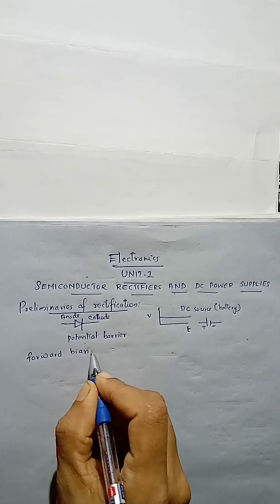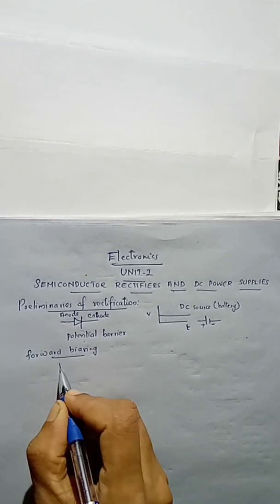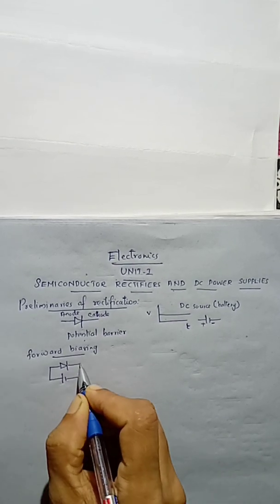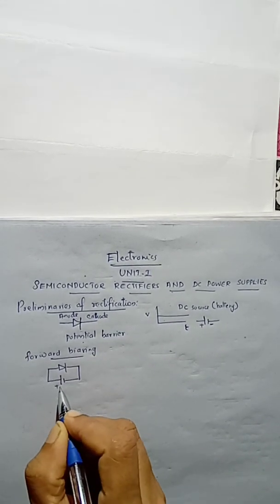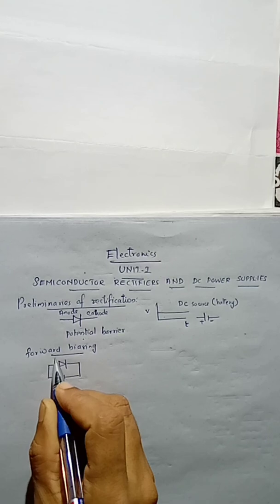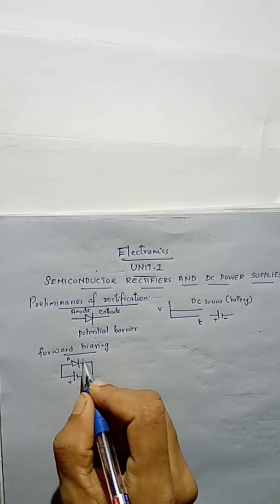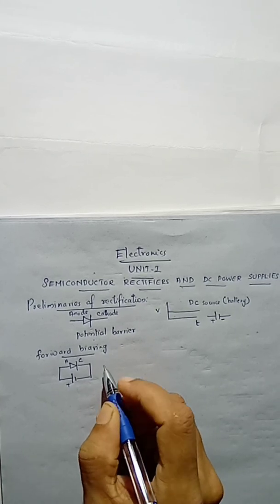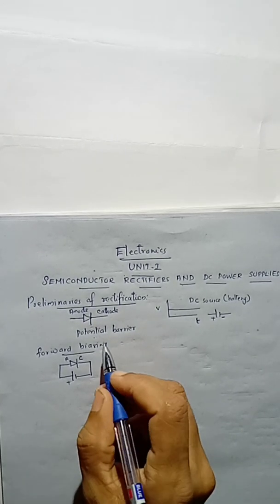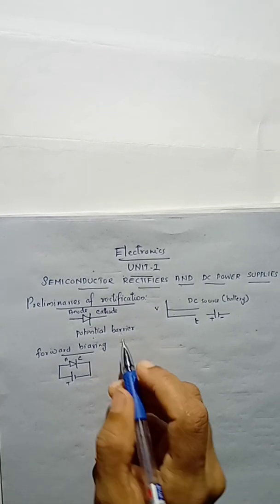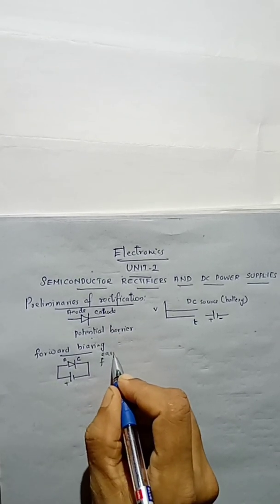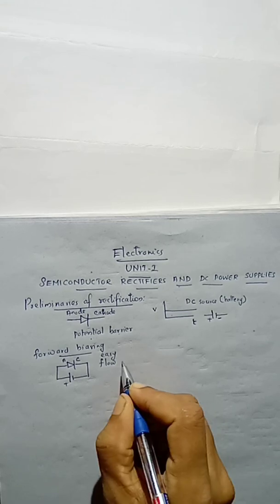In this case, we are connecting the battery to the diode like this. That is, the positive terminal of the battery is connected to the anode part and the negative of the battery is connected to the cathode part. In this case, we have seen that the height of the potential barrier decreases and there is an easy flow of current through the diode.